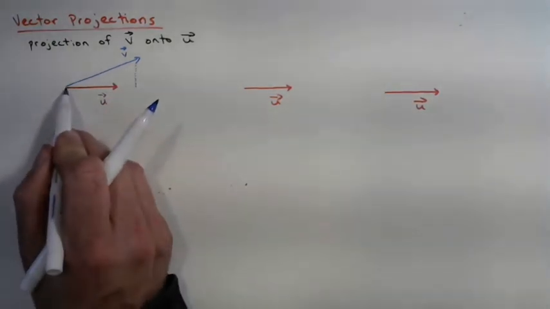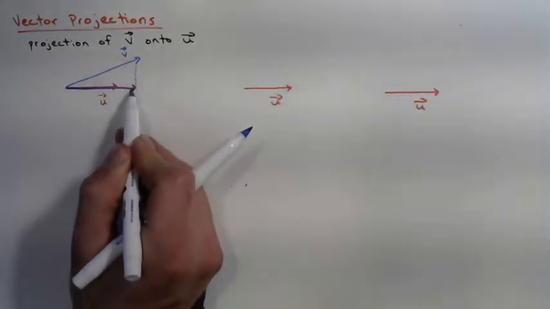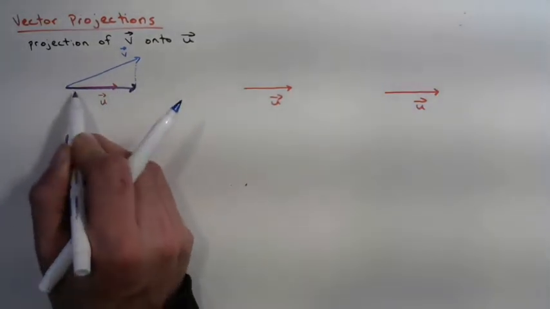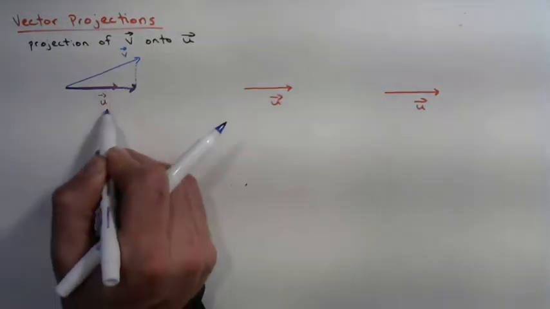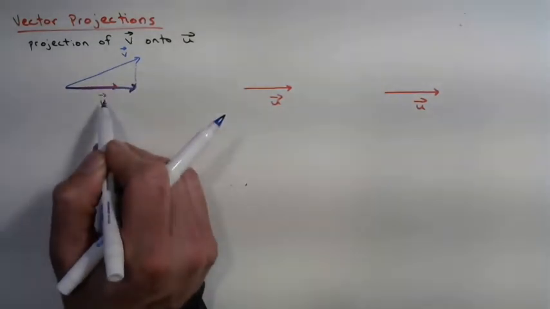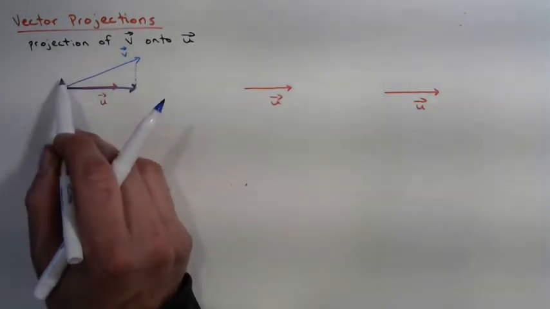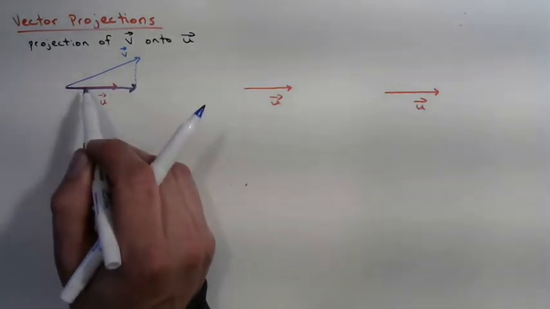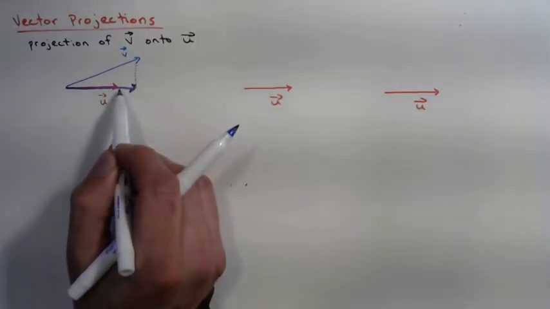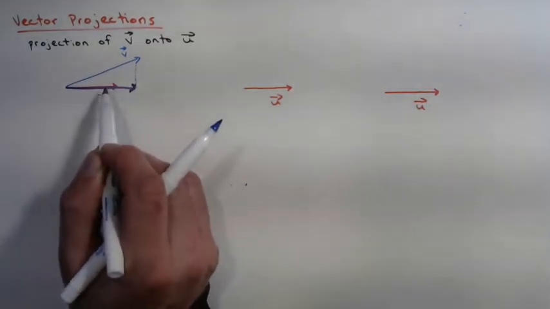It would be from tail to tail to there. That would be the representation of the component vector of v in the direction of vector u. This is also the projection of v onto u. Now, in the case where the angle between them is between 0 and 90, then the projection vector is going the same direction as vector u.